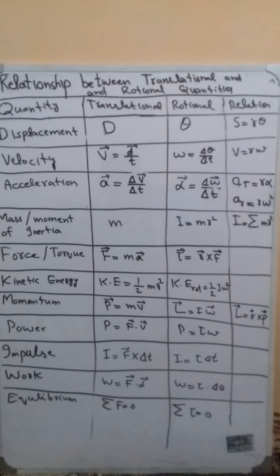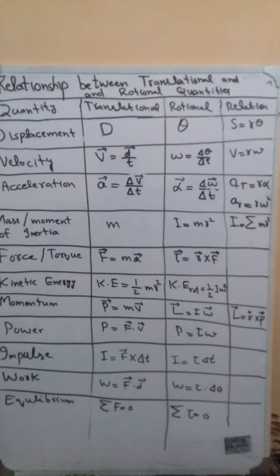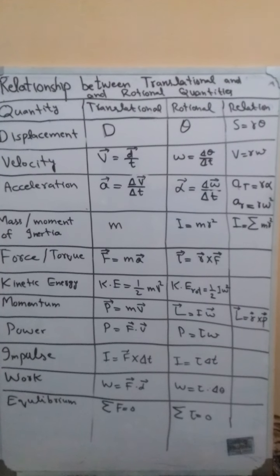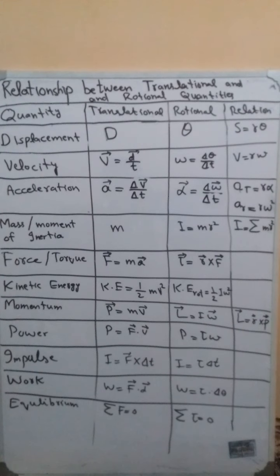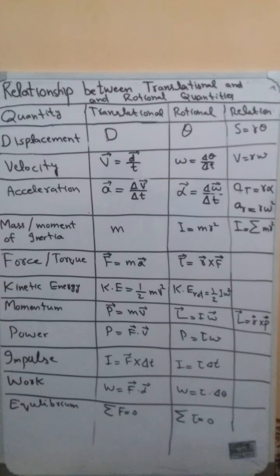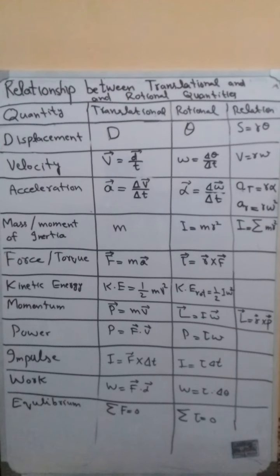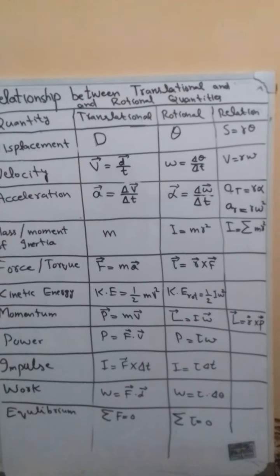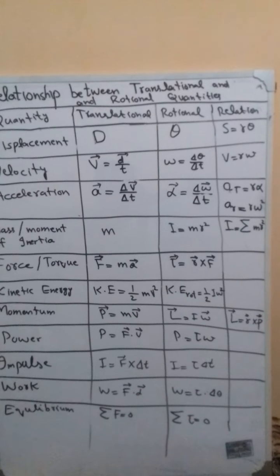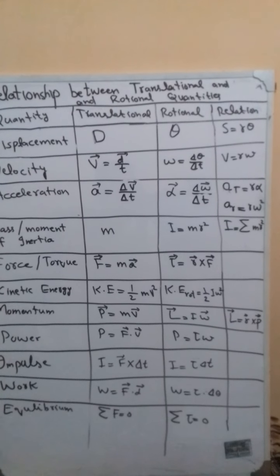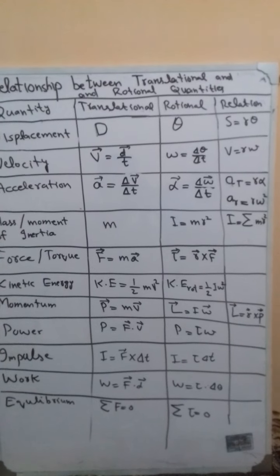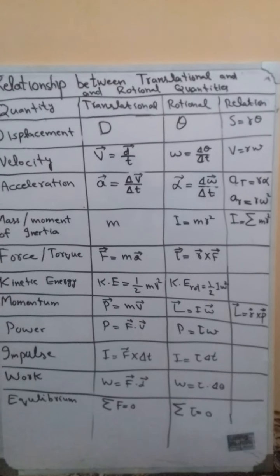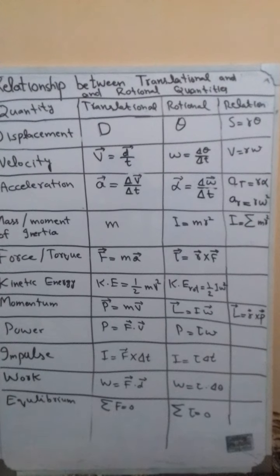The next term is power. Power is defined as the rate of change of work done, but it is also defined as P is equal to F dot V, because P is equal to W by T, and W can be written as F dot D divided by T. D by T is equal to V, and from there I can get the formula P is equal to F dot V. Same as above, if I replace F by tau and V by omega, then I can get the formula of the power in the rotational case.